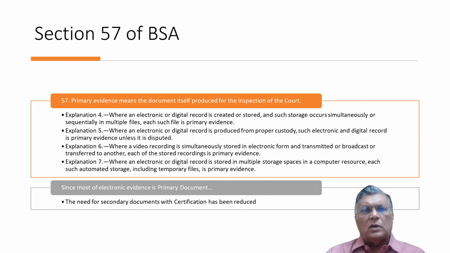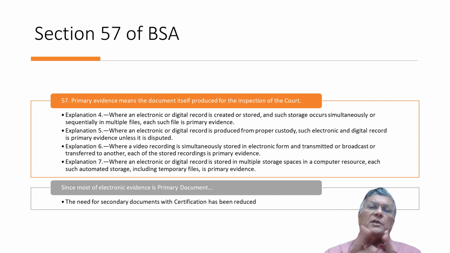In the case of electronic documents, admissibility goes directly to section 65A and says that if the conditions specified in section 65B are fulfilled, then it becomes admissible. But now in the Bhartiya Sakshya Adhiniyam, there is a confusion which has been introduced.